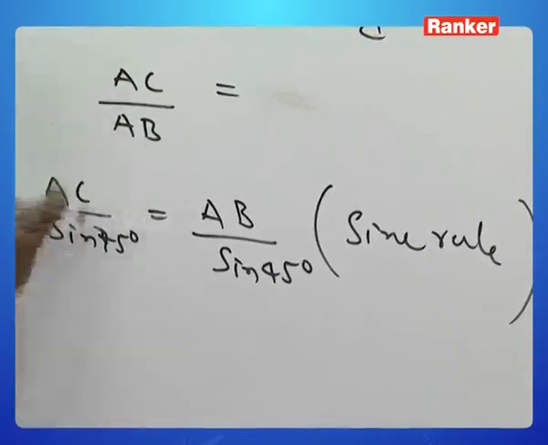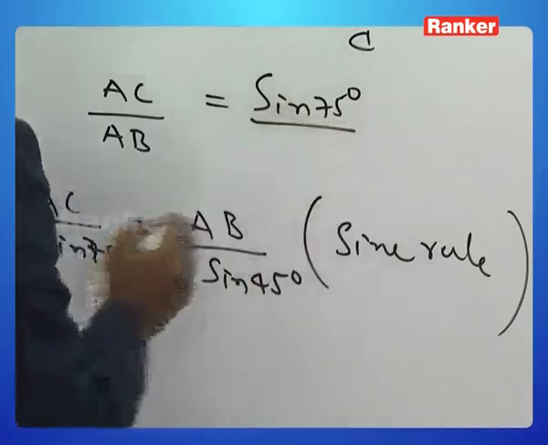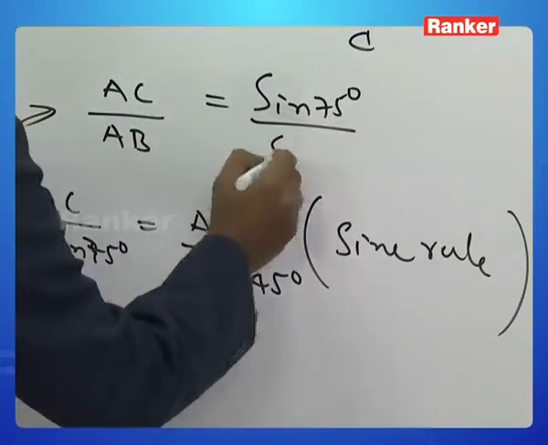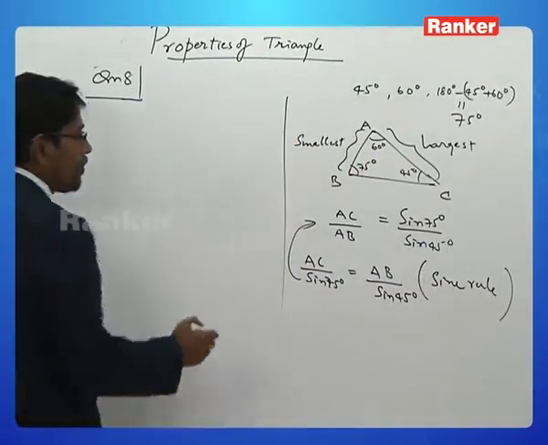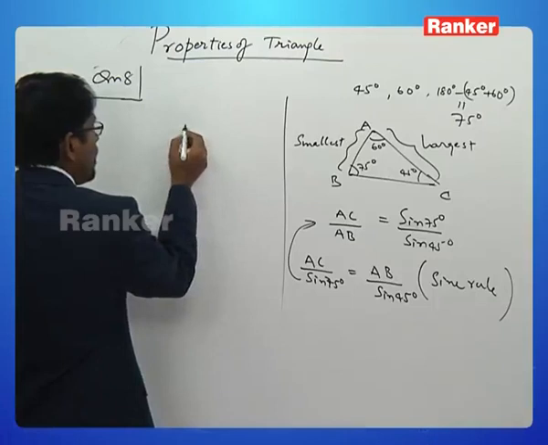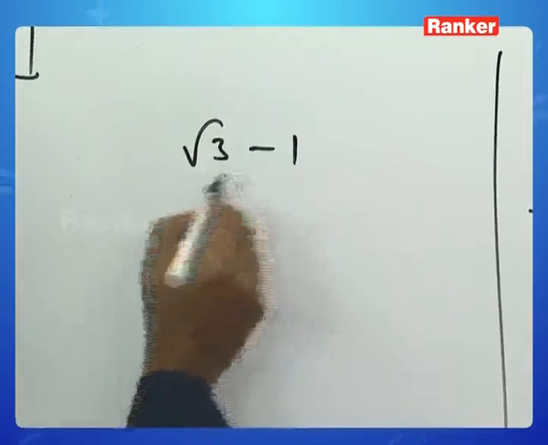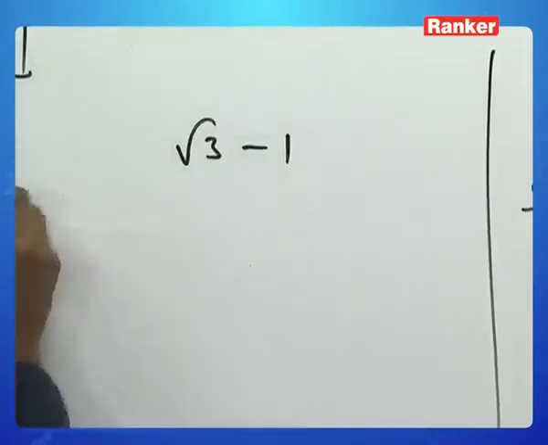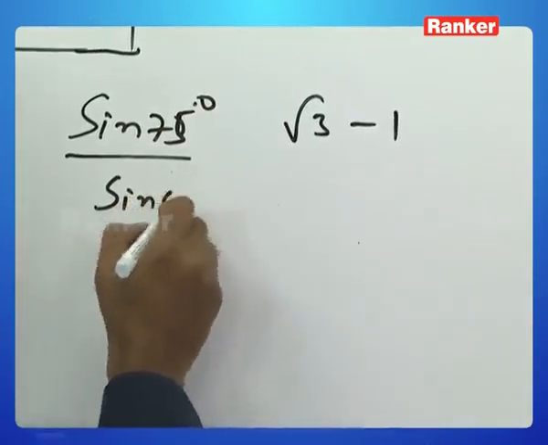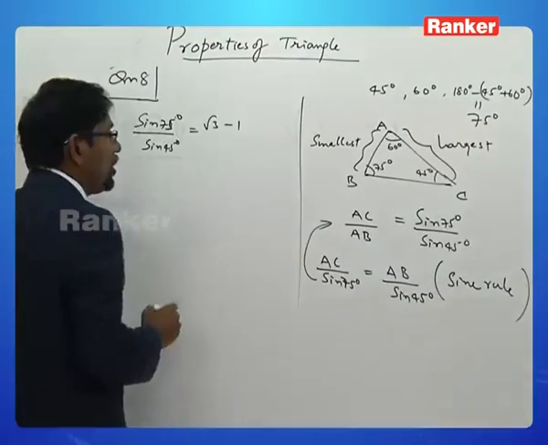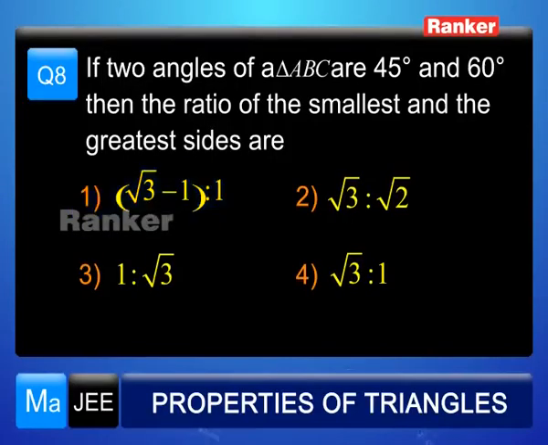So AC by AB will be sin 75 divided by sin 45. And sin 75 by sin 45 will be root 3 minus 1. So that's clearly root 3 minus 1 is to 1, and hence option 1 is the right answer.